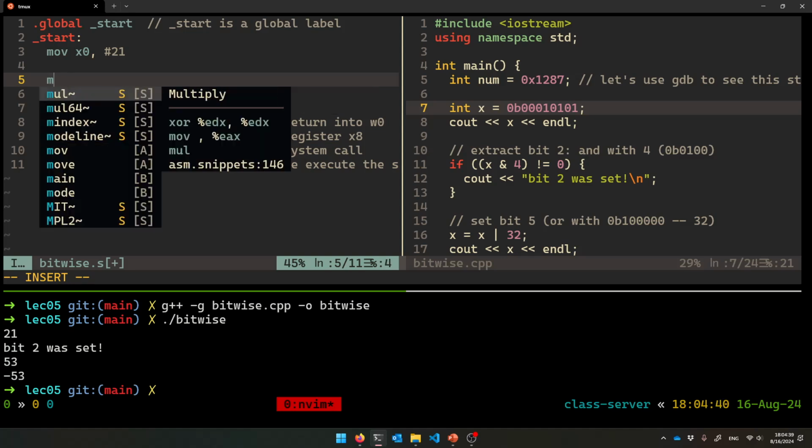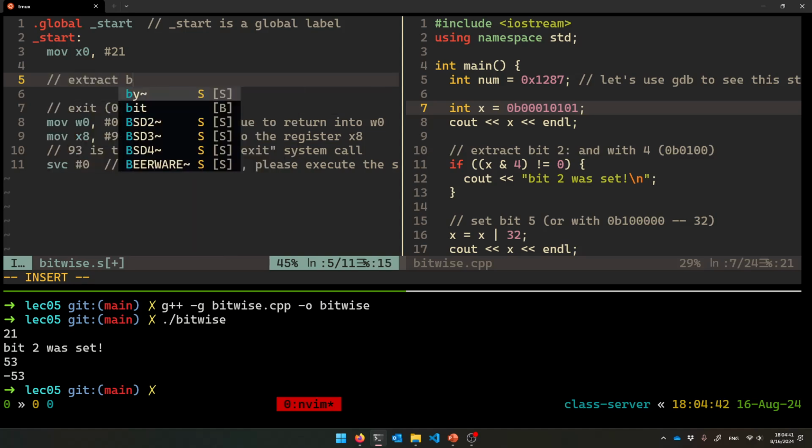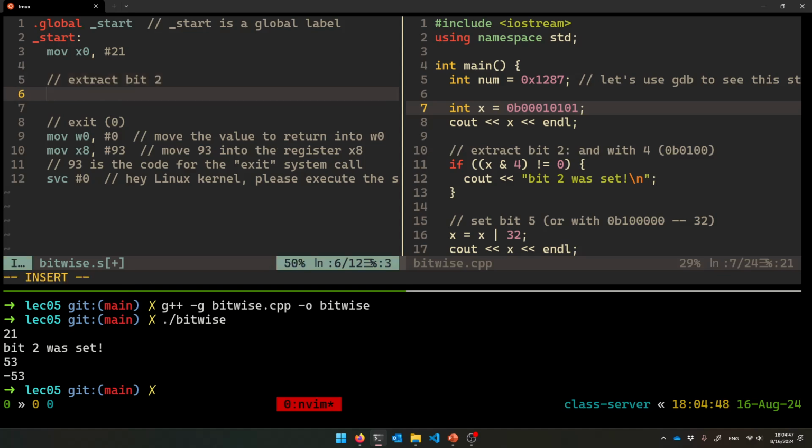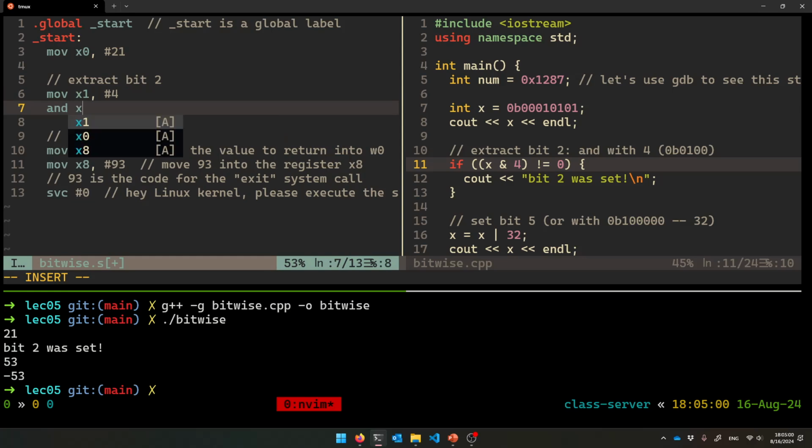So extract bit 2 with the AND, of course. So we're going to do the AND instruction. Let's first get the number we want to AND with in a register. So 4 needs to go somewhere. So move into x1 the number 4. And now I can AND into x2, let's say, x0 and x1. Okay, so that'll be that one.